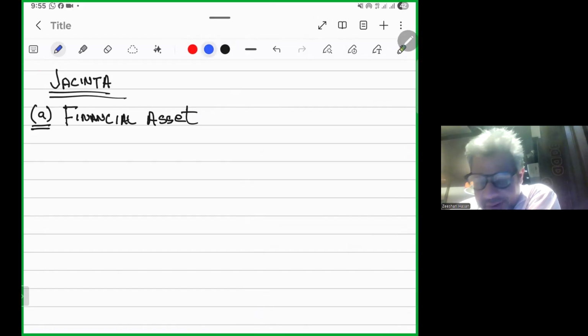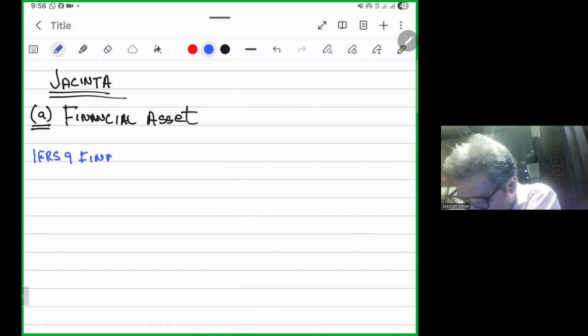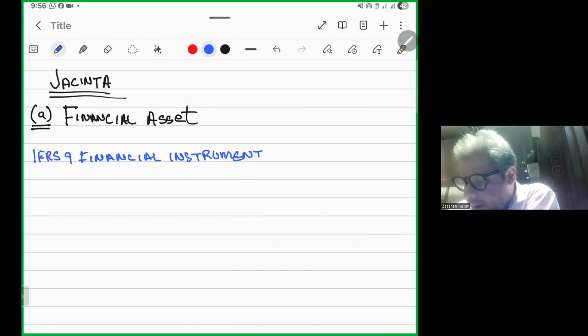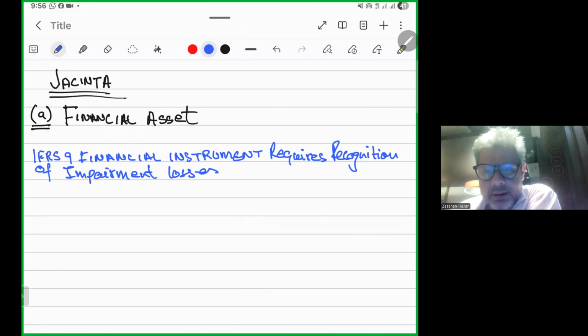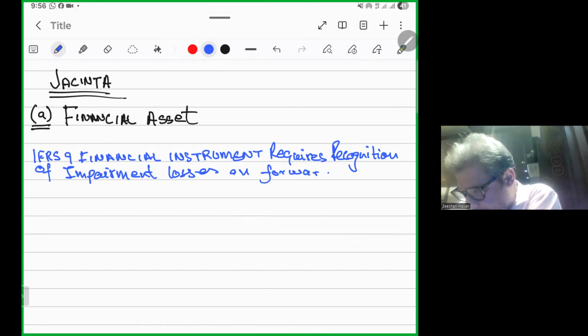Now, what we will say is that IFRS 9 Financial Instruments requires recognition of impairment losses on a forward looking basis.